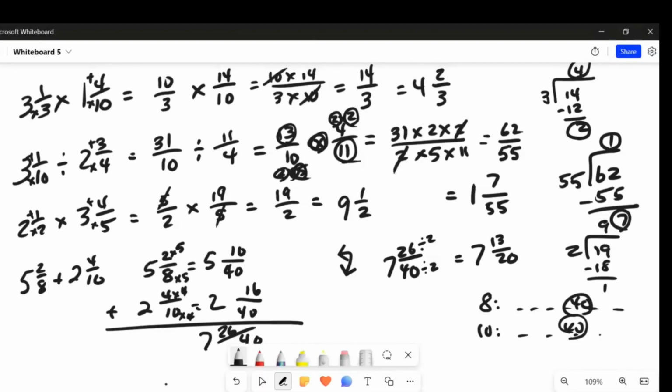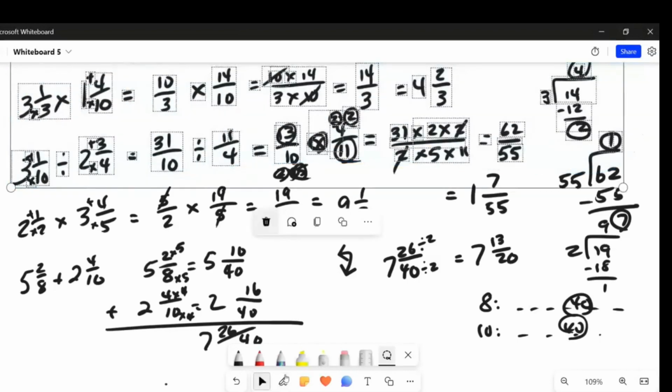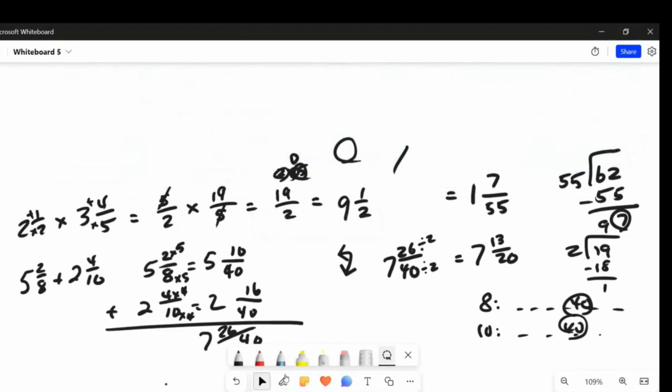Okay. And then the last two where we were simplifying, so I had 1,115 divided by 125. I could go ahead and change that into a mixed number, but I'm going to do some simplifying first. I know 5 goes into both of those because they both end in 5.